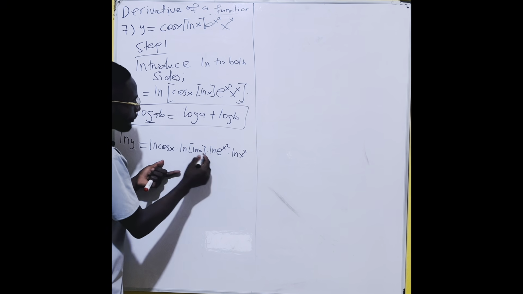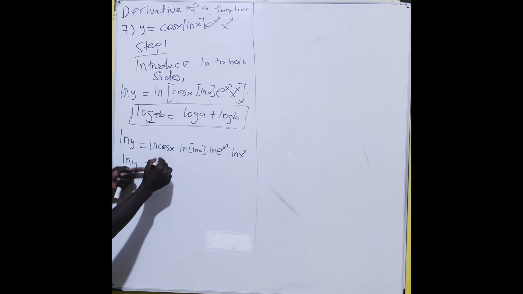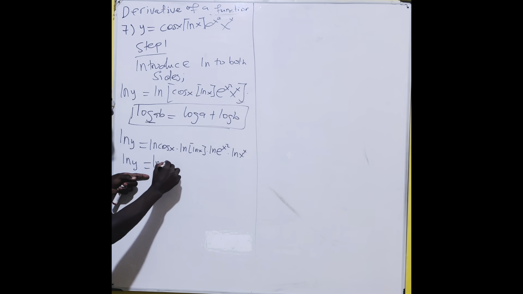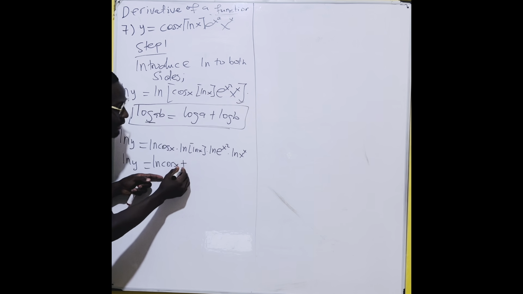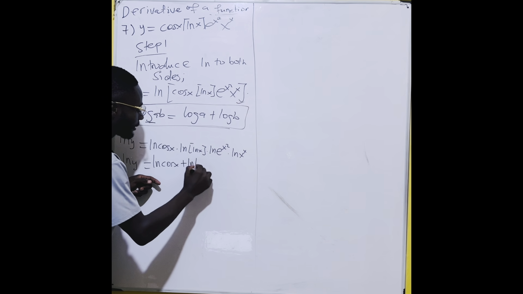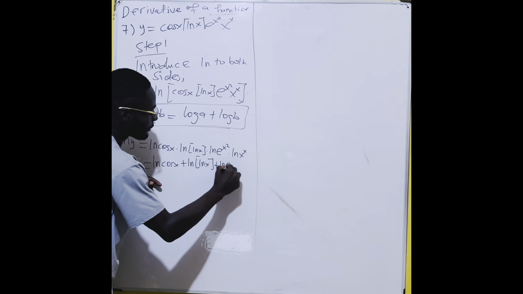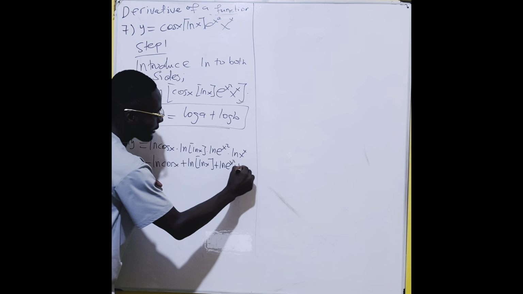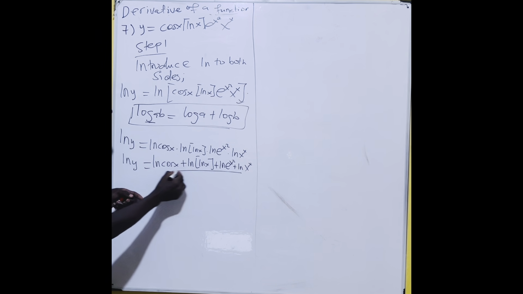So from here, we are going to apply this. So we're going to have ln y equals ln cos x plus, because it is multiplying, we add, right? So we have ln into ln x plus ln e to the x squared plus ln x to the x, right? So this is what we have.